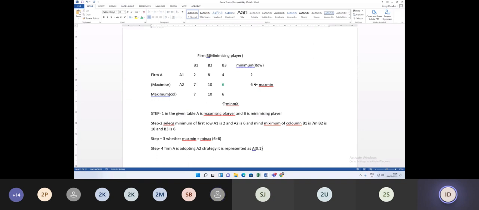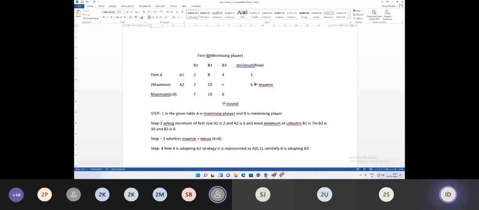Similarly, which strategy is firm B adopting? B3.